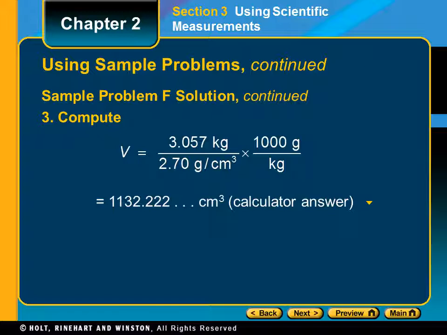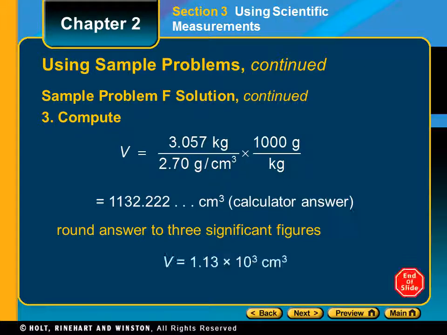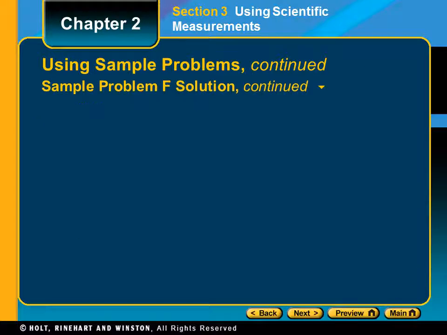Your calculator answer is 1,132.222 cubic centimeters. You round your answer to 3 significant figures according to the rules and put that into scientific notation. And you get 1.13 times 10 to the 3rd cubic centimeters.